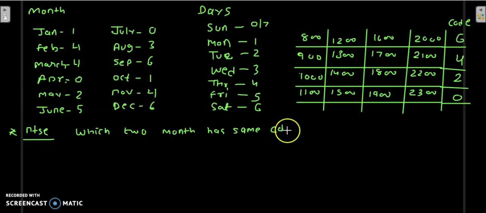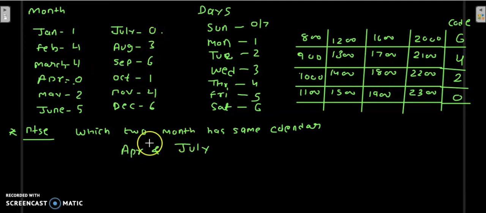So how can you give the direct answer here? That will be April and July. In any year you observe, April and July have the same calendar. Now see, the code is 0 here, and here also 0. Understood? They both have the same calendar.